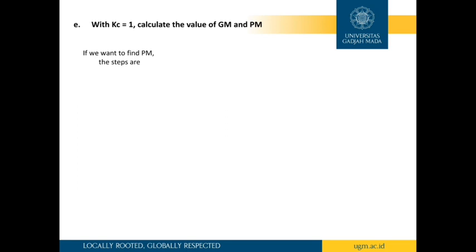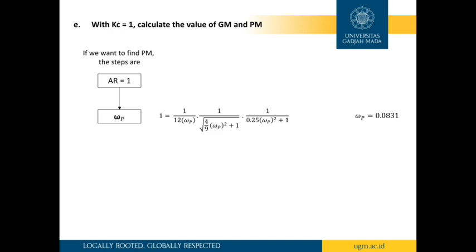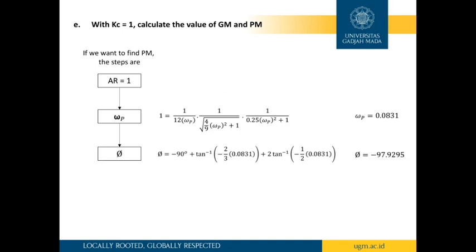And if we want to find the Pm, the steps are, first, the AR is equal to 1. We pick the number of AR equal to 1. Then we solve this equation of AR, where we can find the omega Pm. The omega P is equal to 0.08. And next, we move to the phase equation, where we insert the omega P in the equation and we get the phase equal to minus 97.92.